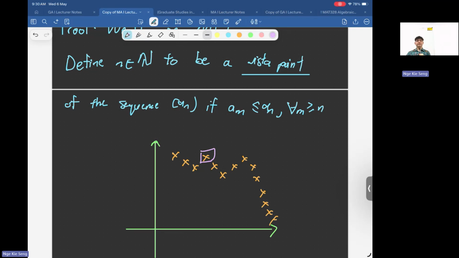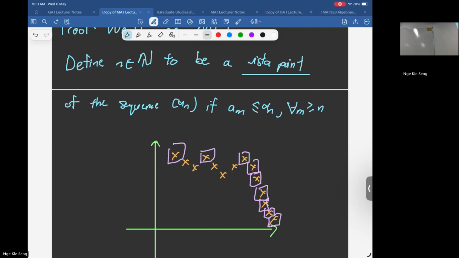This one, the fourth one, leftmost. If you stay here, everyone is below you.